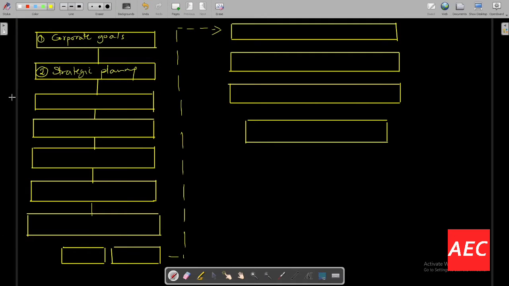The next is investment opportunities. The identification of investment opportunities and the generation of investment proposals is one of the important steps in the capital budgeting process.